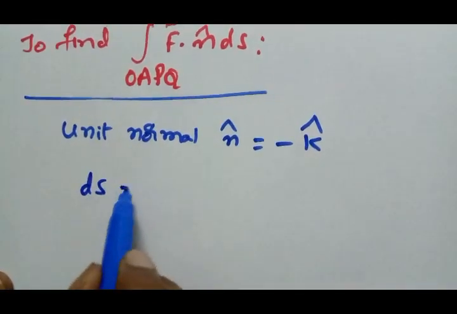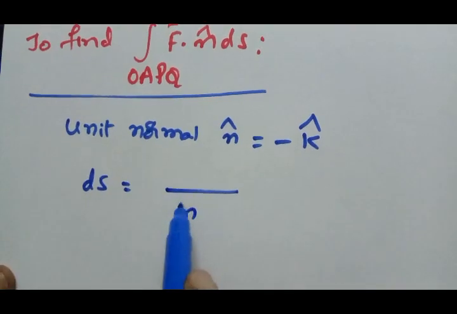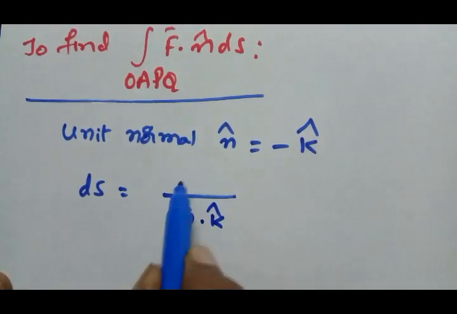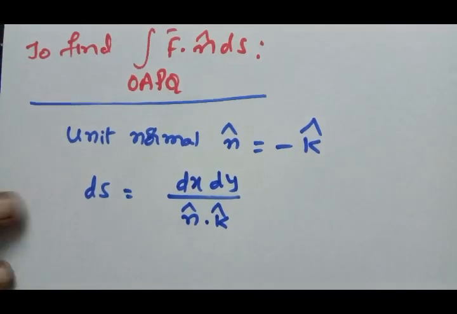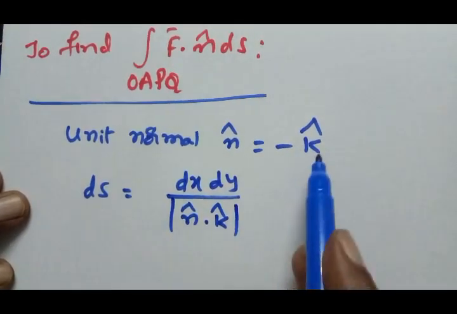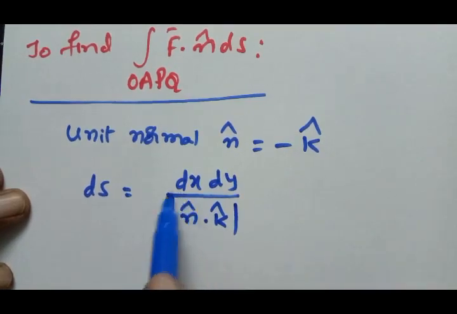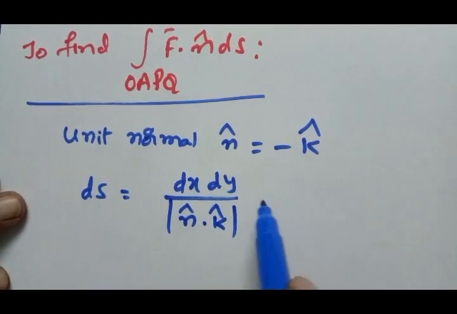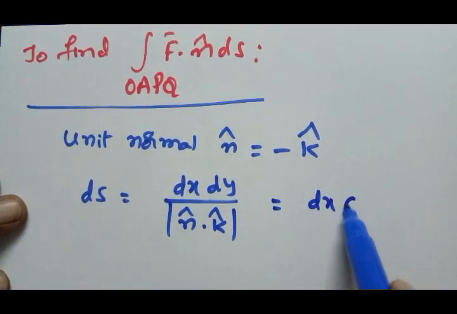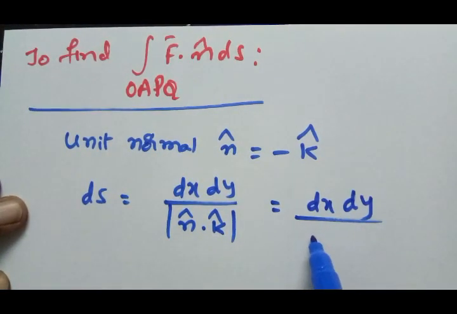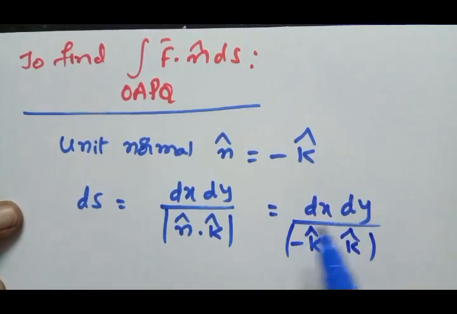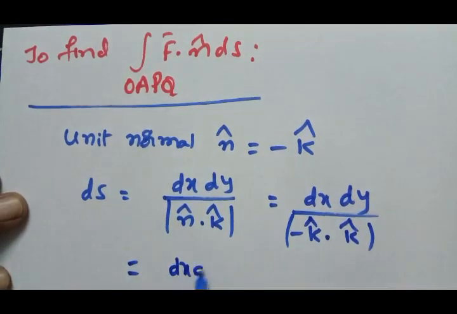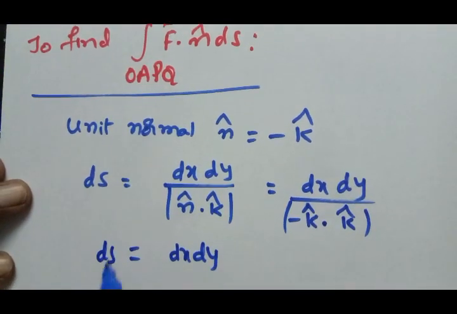Therefore, ds is equal to dx dy by modulus of n cap dot k cap. Since n cap is along k cap, we have to consider the projection dx dy. Therefore, this is dx dy by modulus of minus k cap dot k cap, that is equal to 1. So ds is equal to dx dy.